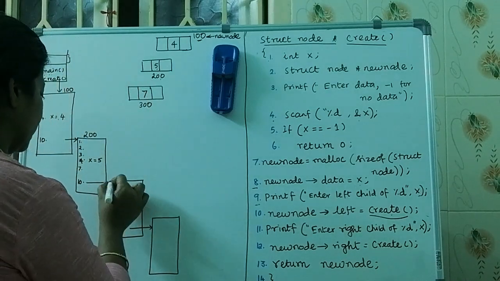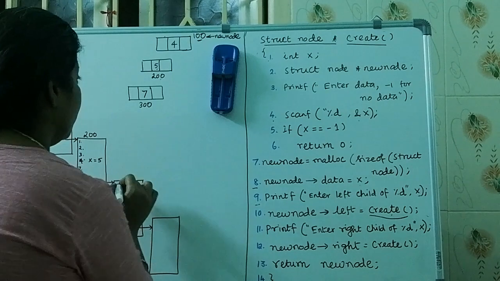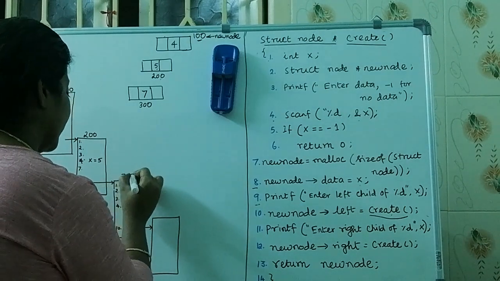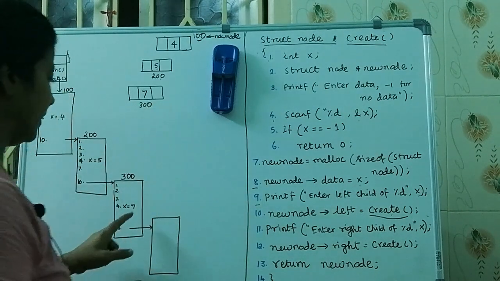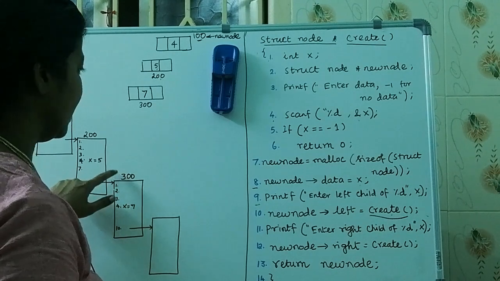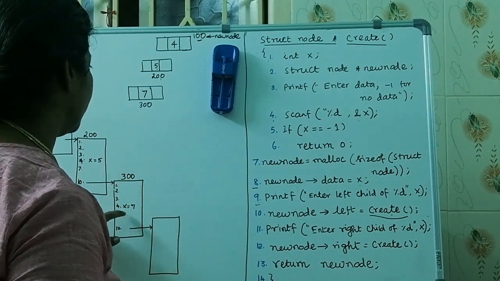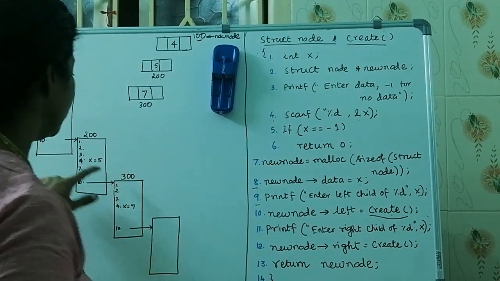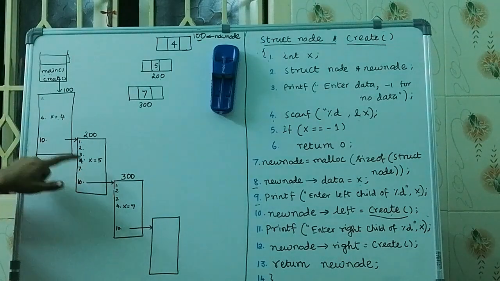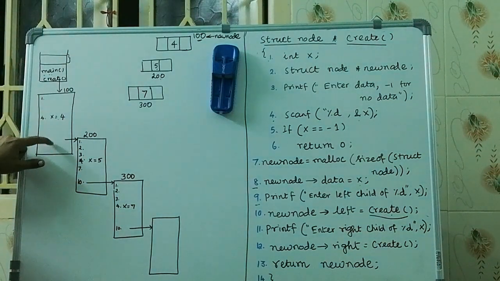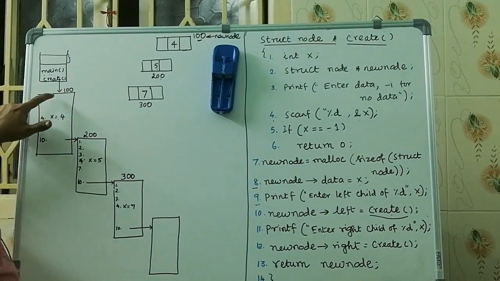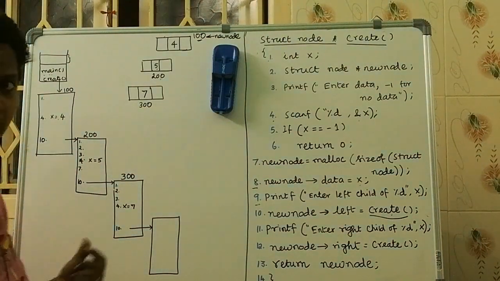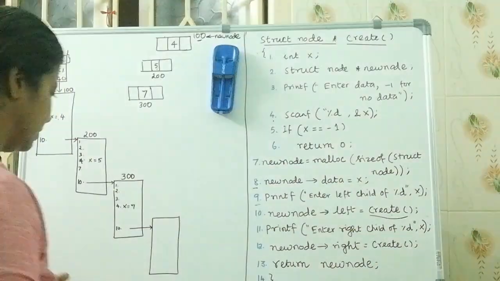Now what is the address written over here? Let's say 300, it gets copied. This is for our understanding, I am writing here. Actually here new node is pointing to 300, here the new node is pointing to 200. In this stack frame the new node is pointing to 100. If we keep track of this new node address, then it becomes easy to understand the tracing.